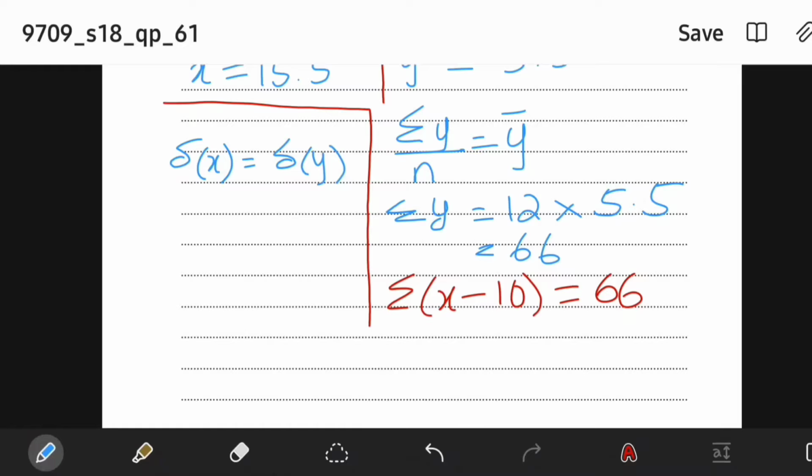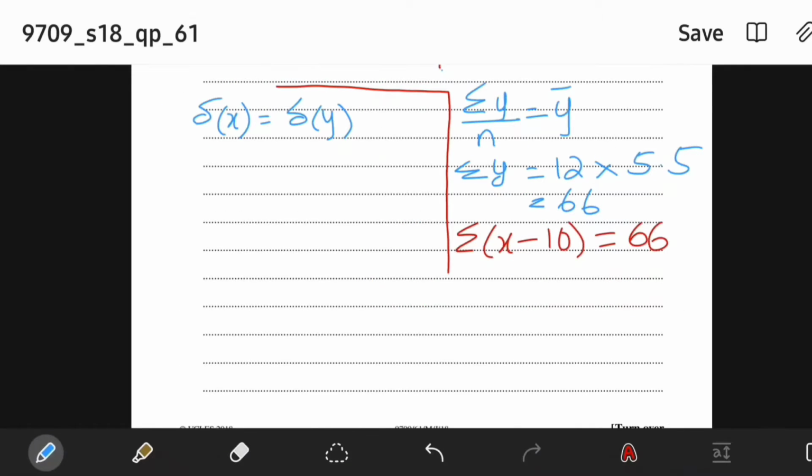So using the standard deviation, which is 4.5, let us write the formula first. The formula would be standard deviation of y equals to the square root of summation of y square over n minus mean of y the whole square. So this is the formula.